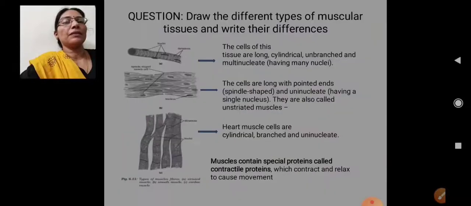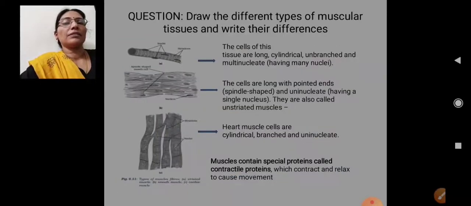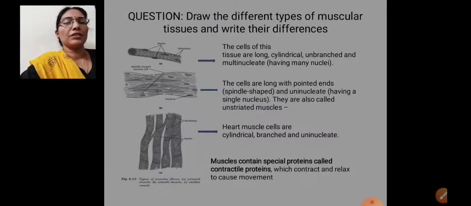Now you can see this is all about your third type of muscle, that is skeletal muscle. Here it is again written, the same thing in this slide. You can see the structures very clearly in black and white.